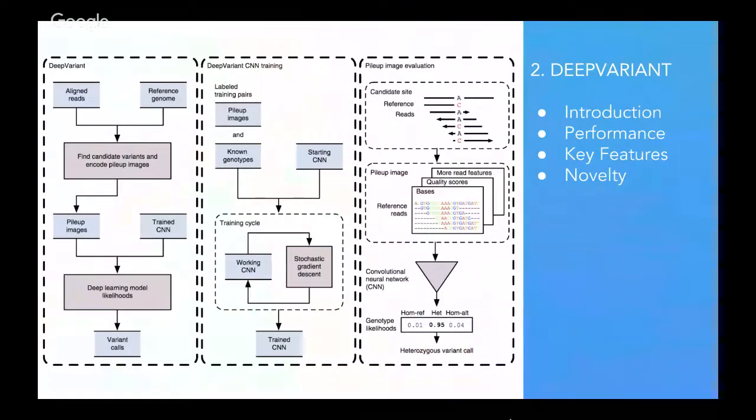So right now we are going to introduce DeepVariant. DeepVariant is an AI deep learning method that was developed and introduced by a team from Google, and it is quite an interesting method because it uses pileup images. I'm not sure if you can see them here, in the third column, for example.